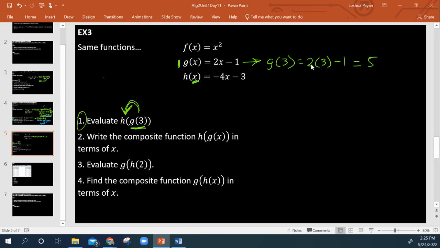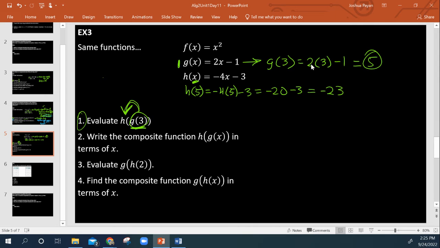So now I'm going to do h of 5, because that is g of 3. G of 3 is 5, right? So h of 5 is going to give me negative 4 times x minus 3, so negative 20 minus 3, and we get the exact same thing.